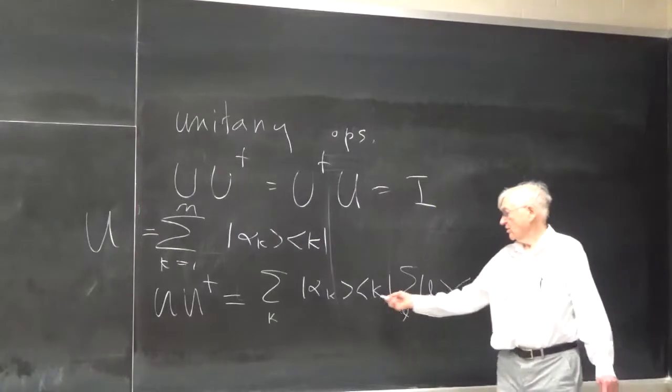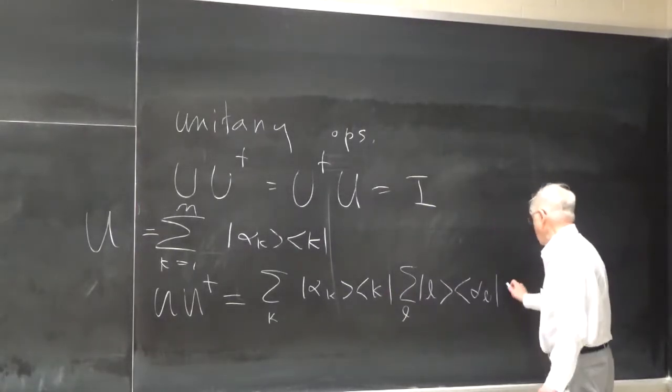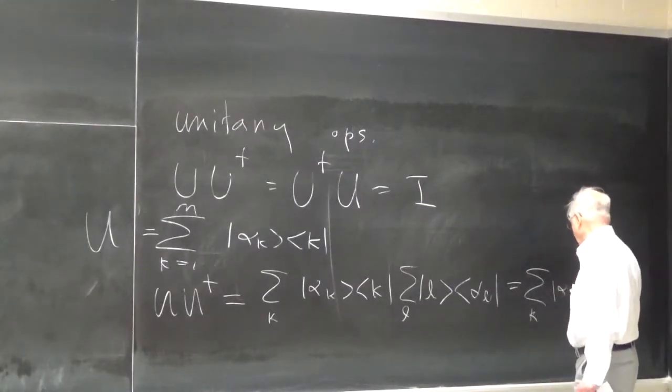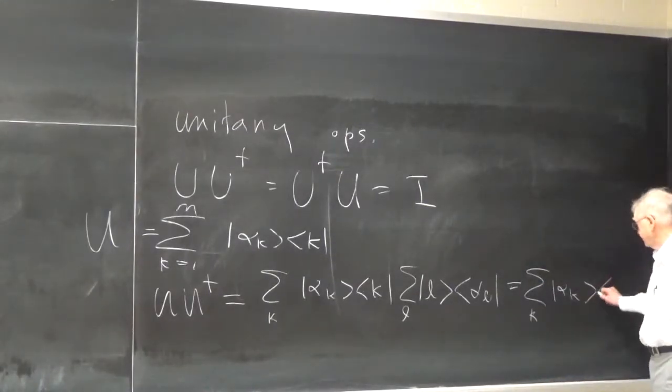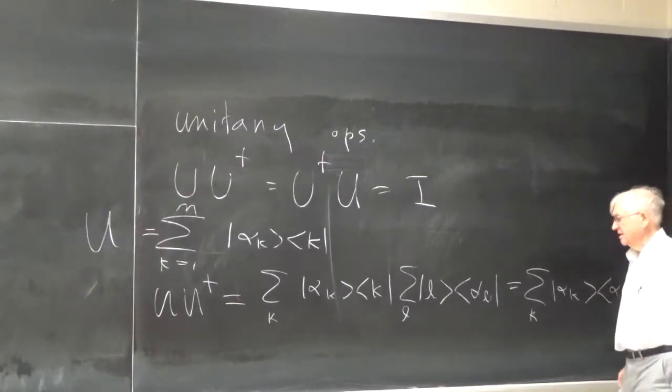Now these are part of a basis, so they're orthonormal, and so this is a sum just on k of alpha k, and of course that's the identity.